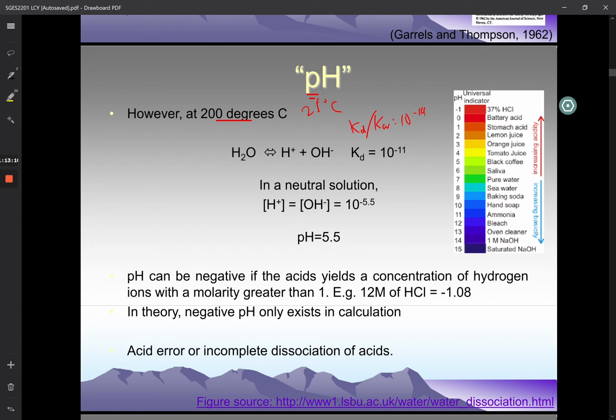But when the temperature increases, the Kw for the same pure water increases. So now it becomes 10 to the power of negative 11. Why is the Kw different at a different temperature? Think about it. Why?